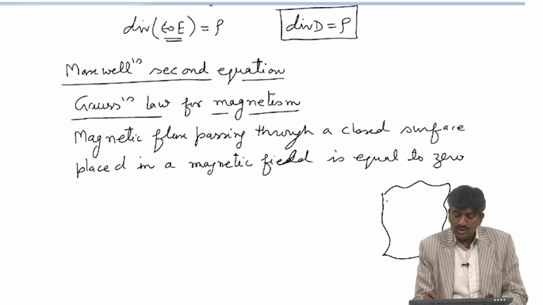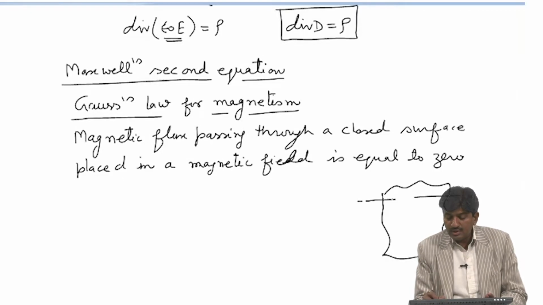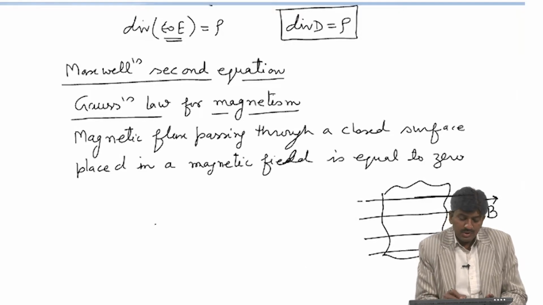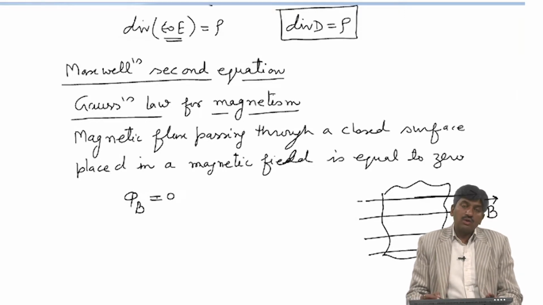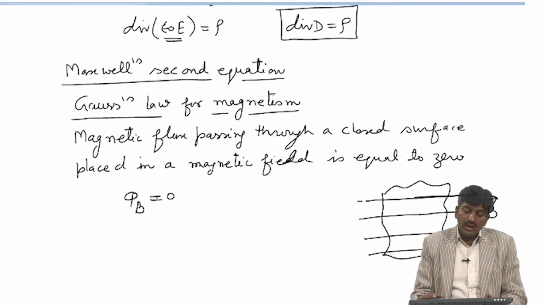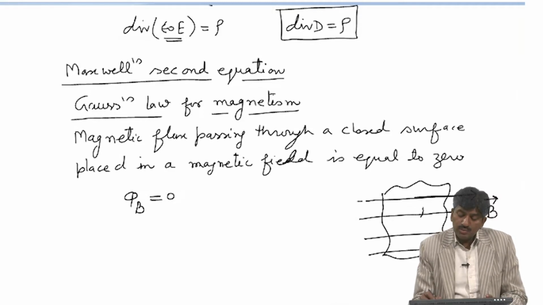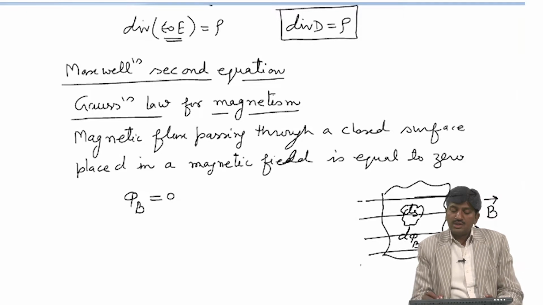Suppose this is a flux and these are the magnetic lines, magnetic field B, and as per this statement phi B is equal to 0. Similar to electric flux, suppose there is a small surface dS through which a small flux d phi B passes.